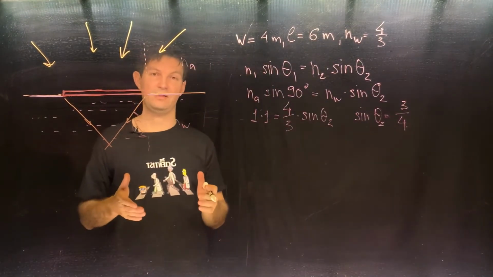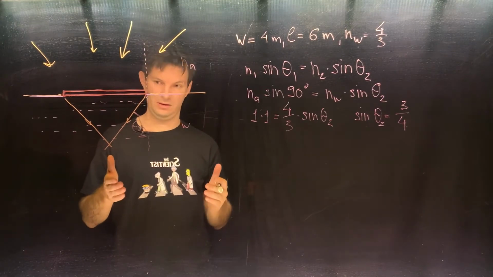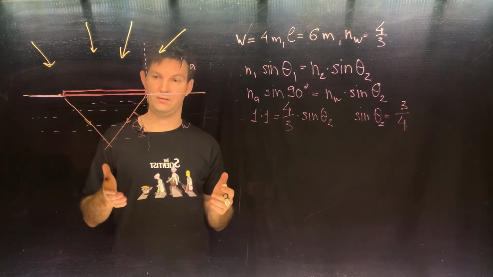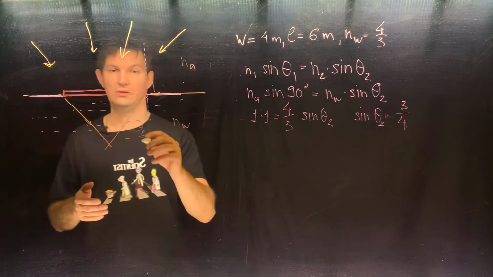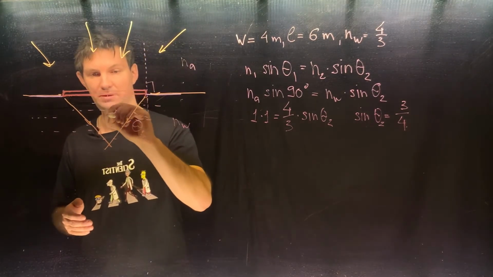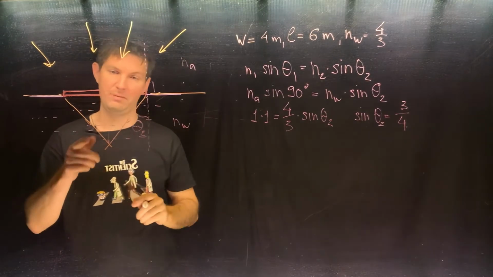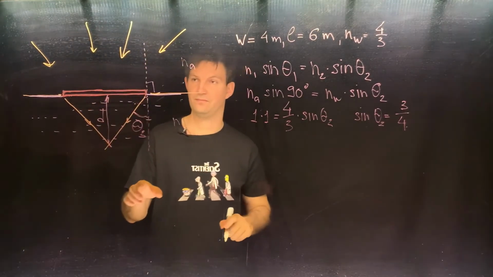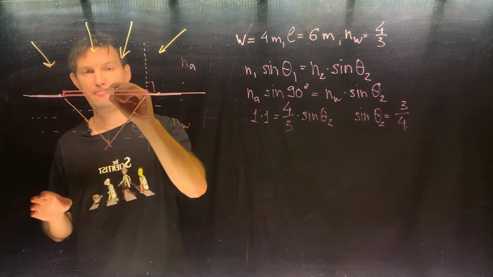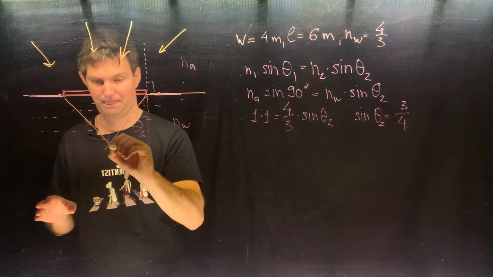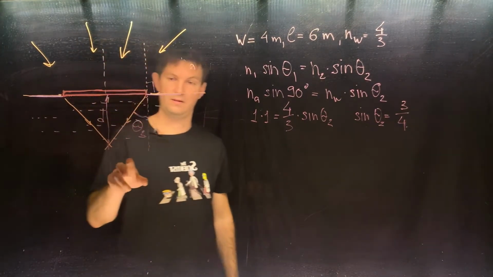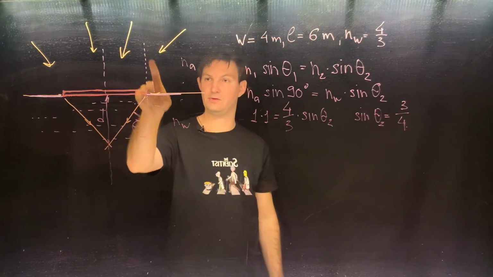Now we need to find the depth of the shadow of the raft. Let's define it as D, the depth of the shadow. These lines are parallel to each other.